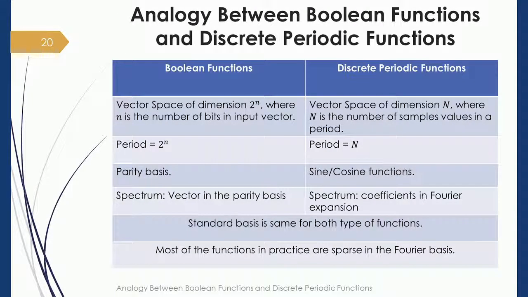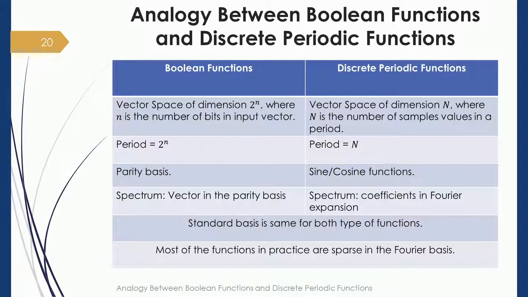Extending this analogy, we can see that the notion of spectral analysis, Fourier spectrum, Fourier basis and so on extend to and include both Boolean functions and discrete periodic functions. So, let us look at this a bit more carefully to establish this analogy.